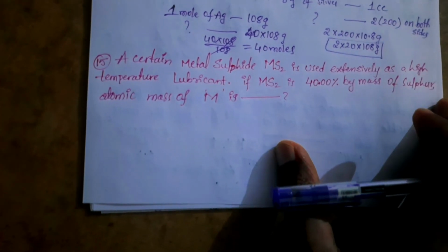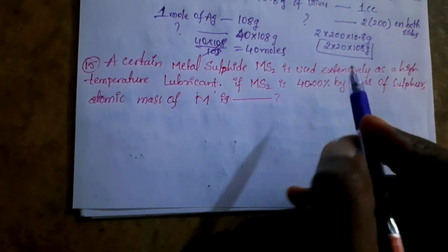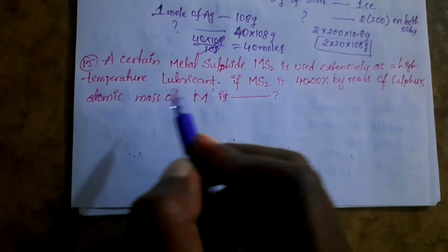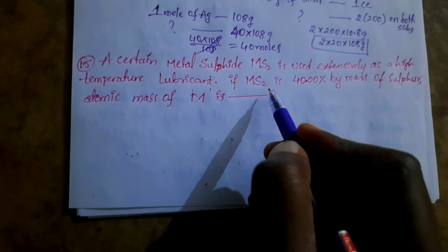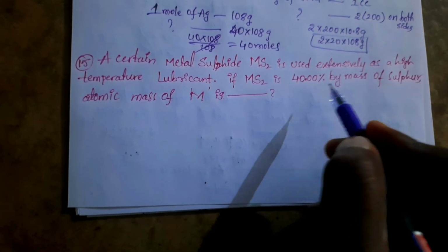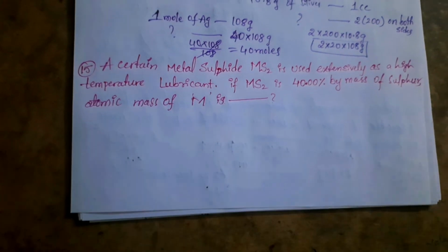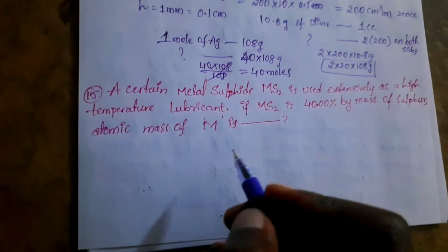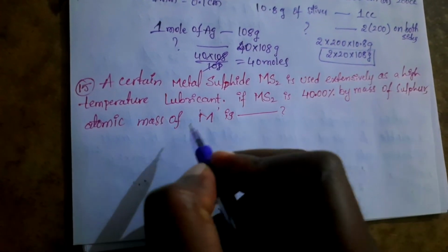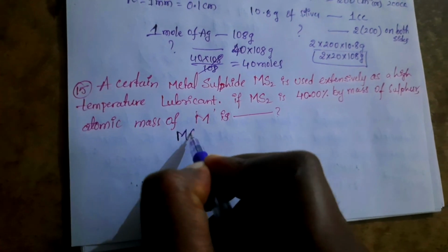Next one: a certain metal sulfide is used extensively as a high temperature lubricant. If MS2 is 40% by mass of sulfur, the atomic mass of M is? Now you see here, a certain metal sulfide MS2 they have given.